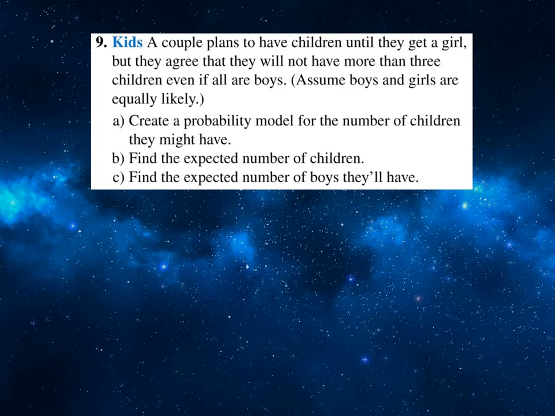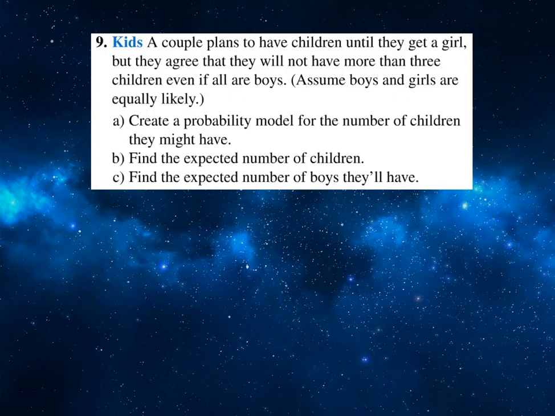Okay. Now, part A says create the probability model for the number of children they might have. So what are all the possible numbers of kids they could have? 1, 2, 3. Nope. 3 is by itself. For the probability model, you're just going to say, with the outcomes that I found, how do these probabilities work out?